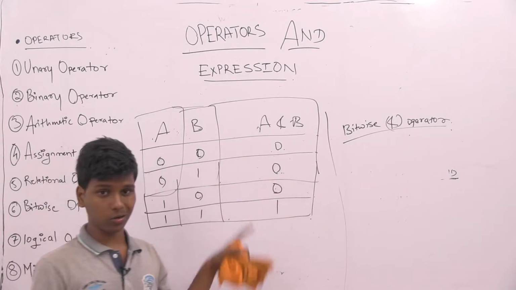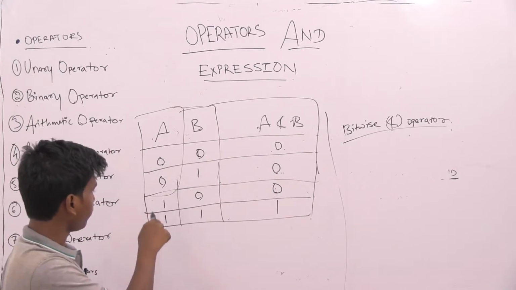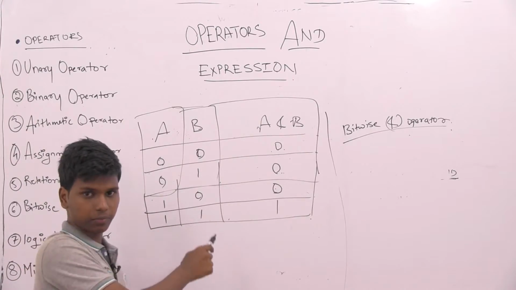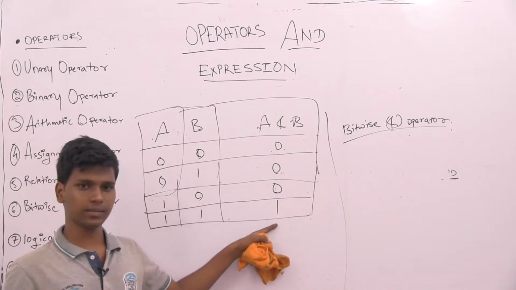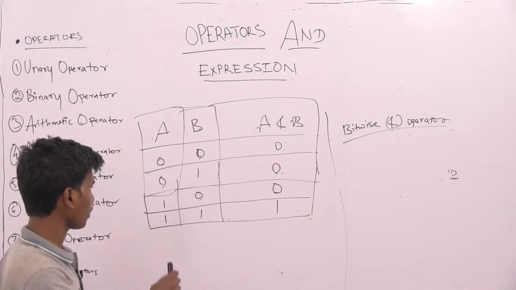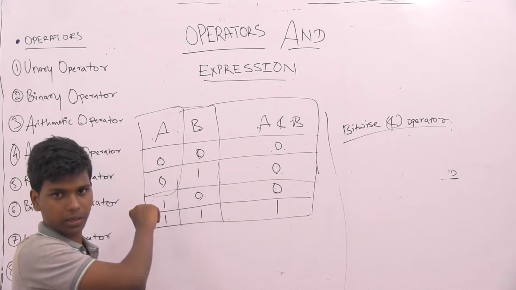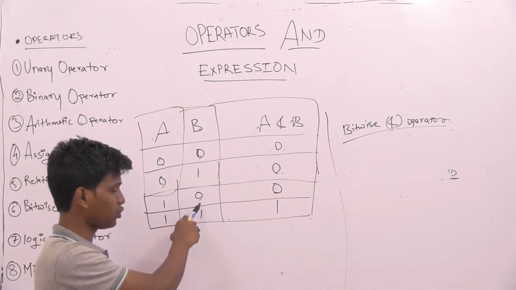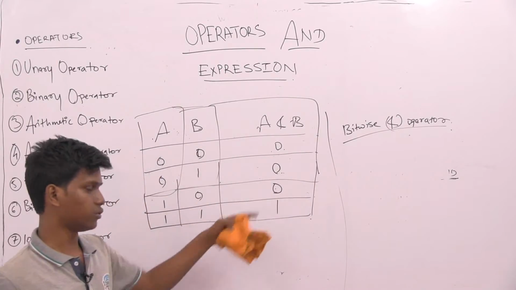The conclusion is that if the bitwise values of variables a and b are both 1, then a and b is 1. And if any of the variables has the value 0, then the result gives 0.